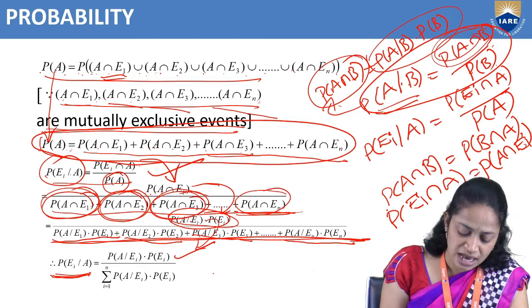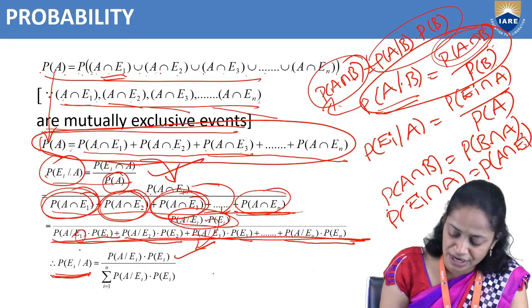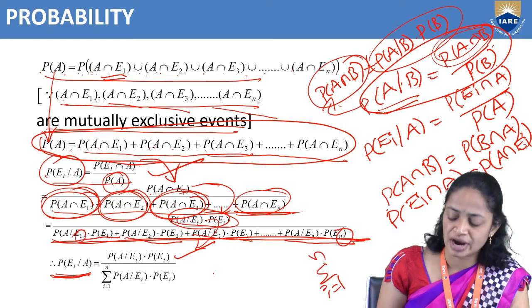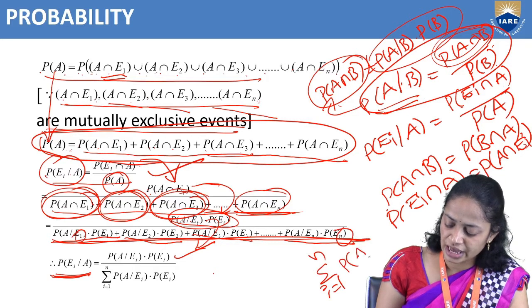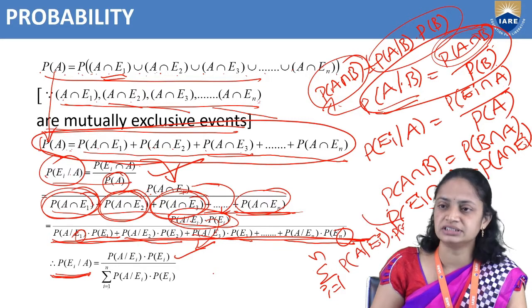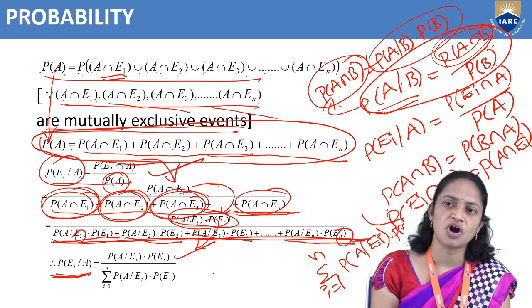This can be written as the summation i equal to 1 to n of P of A given Ei times P of Ei.